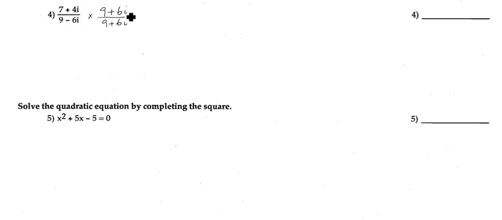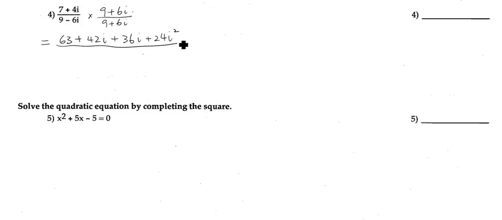So let's see what that becomes. On the top, we are going to distribute them. 7 times 9, 63. Plus 7 times 6, 42i. And then 4i times 9, 36i. And then plus 24i squared.